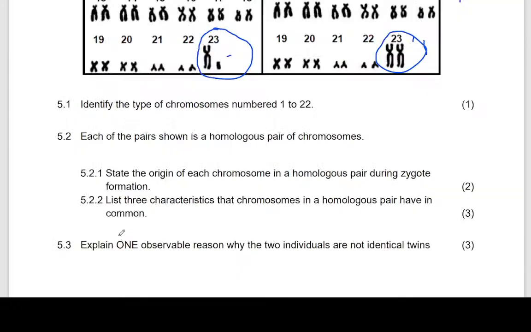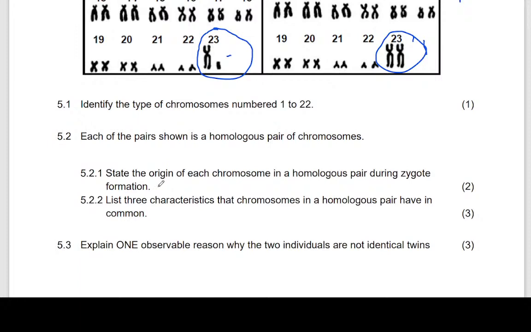That's what they're asking you here. Where do they come from? From the sperm of the father, and another one from the ovum of the mother.